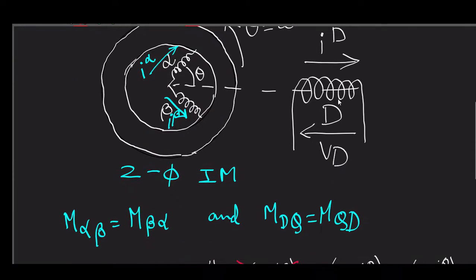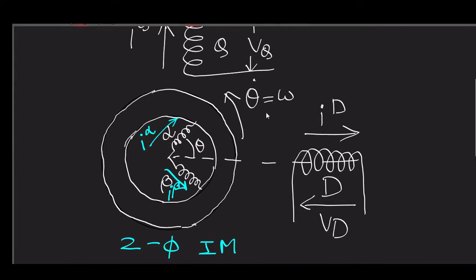Obviously, unlike two windings located on the same part of the machine, like two stator windings or two rotor windings, which are mutually in quadrature position so their mutual inductance is zero, the stator-to-rotor mutual inductance is not zero.